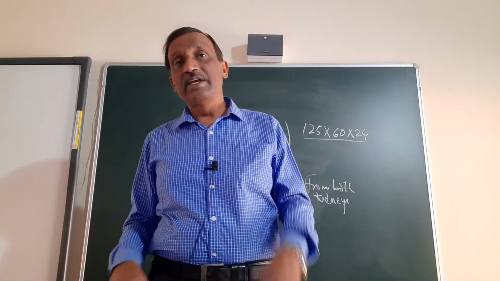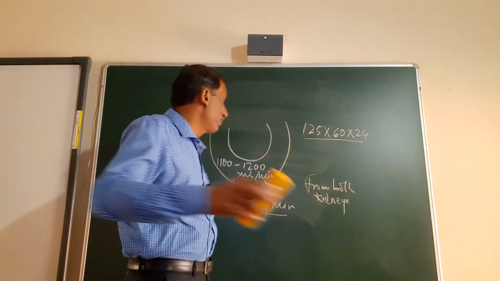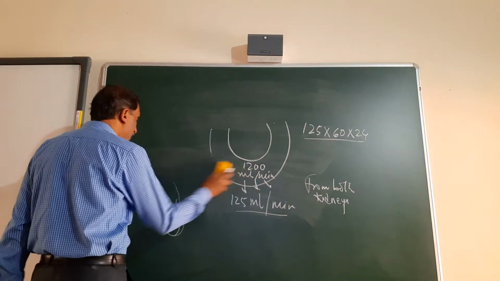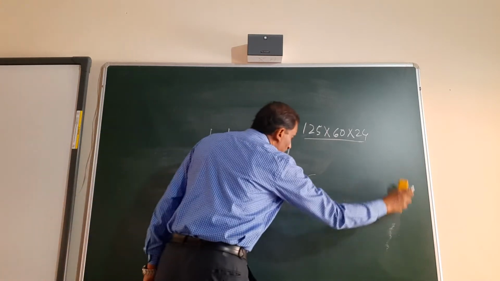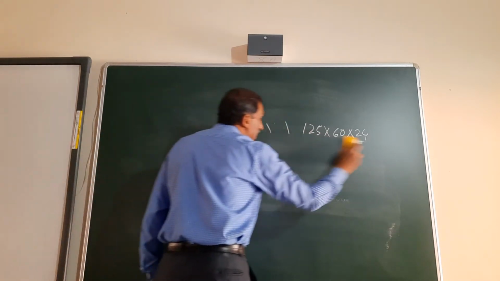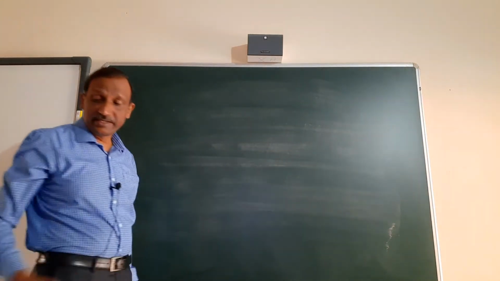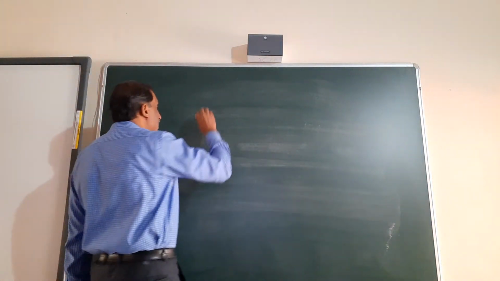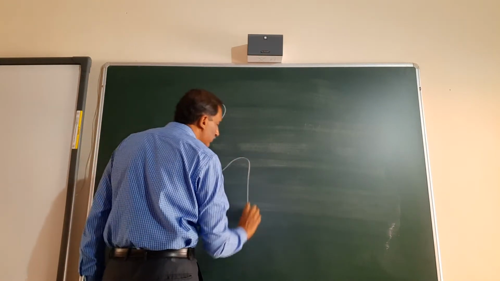Okay, now let's study reabsorption, a very important step. Where will reabsorption take place? The filtrate is now passed into the neck and then the PCT. Let me make a diagram here, just for the sake of understanding.